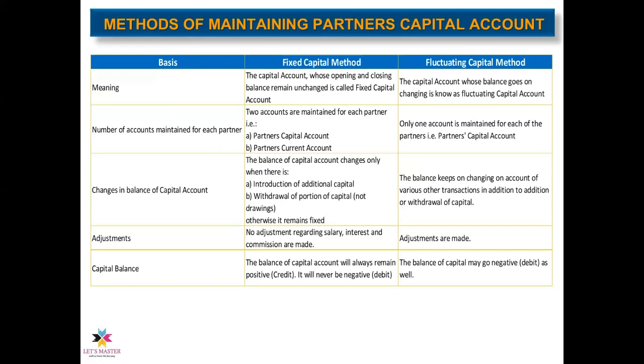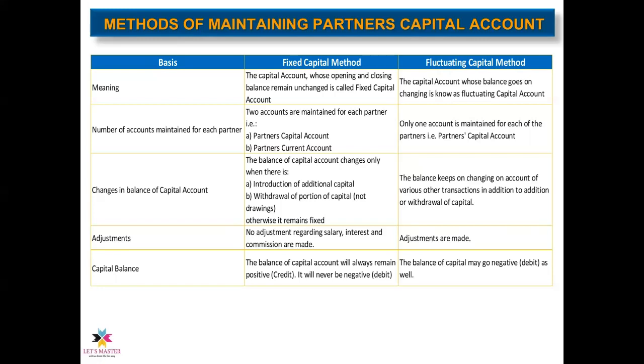Changes in balance of account. The balance of the capital account changes only when there is introduction of an additional amount of capital or withdrawal of a portion of capital. And this withdrawal of a portion of capital should be specifically mentioned, that the partner has withdrawn this much amount from its capital. So remember, withdrawal of a portion of capital and drawings are two different things.